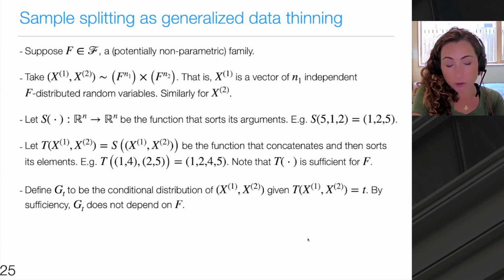So this conditional distribution involves grabbing n1 elements at random and then grabbing the remaining n2 elements. And that's exactly what we do when we do sample splitting, right? The idea behind sample splitting is we have n observations, grab n1 at random, and then grab the remaining n2.